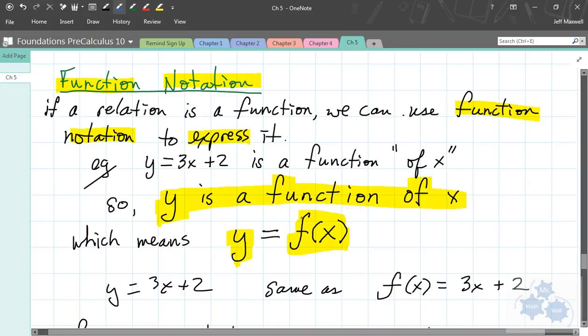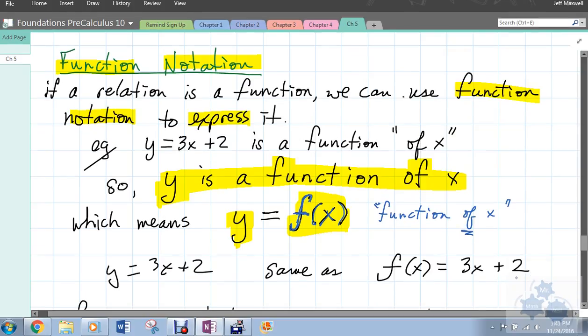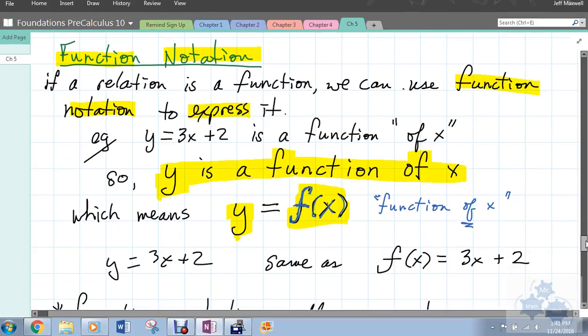And you'll see this in the textbooks as sort of an italicized, lowercase f there. Function of x, and that's how we say it. We say it as function of x. Okay, so y is a function of x. The of is important, of. Function of x.